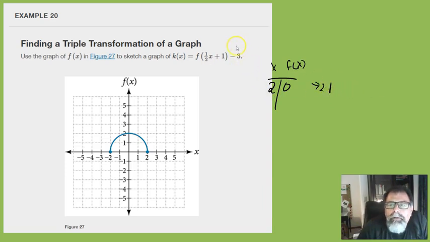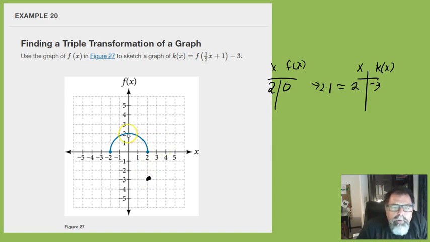Then I'm going to shift it vertically by 3 units. So 0 minus 3 would be minus 3. So this point is going to go to 2, minus 3.